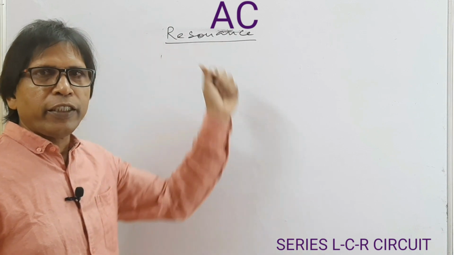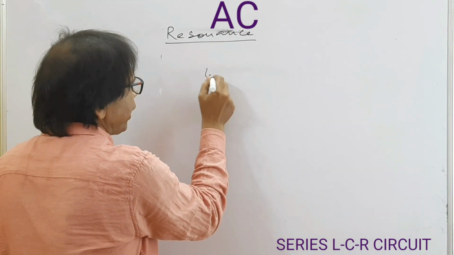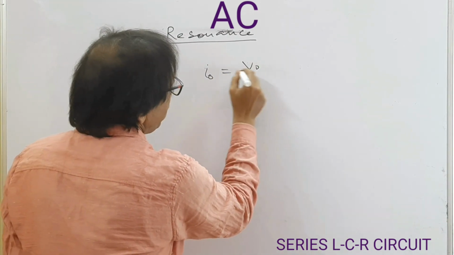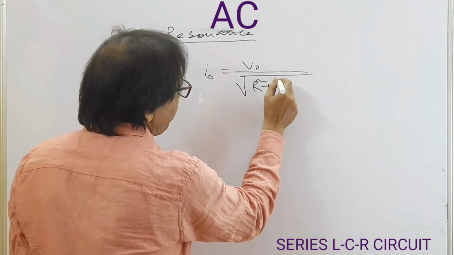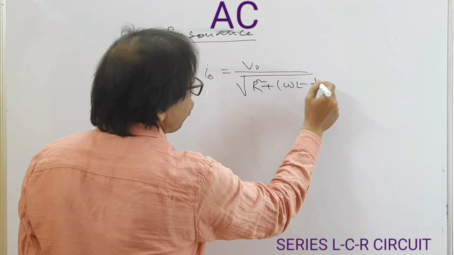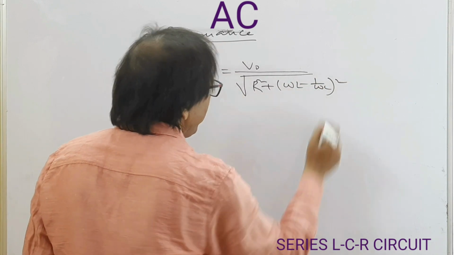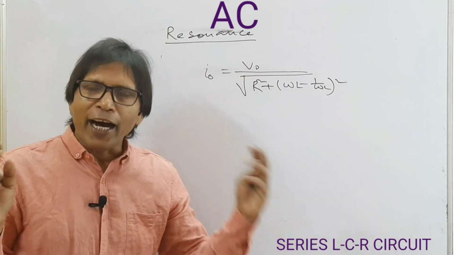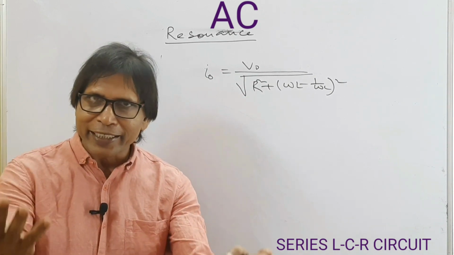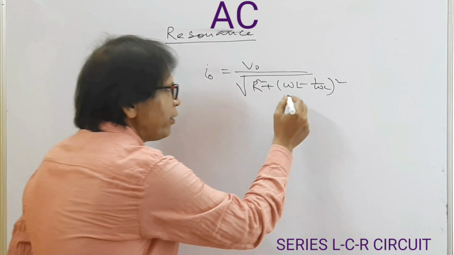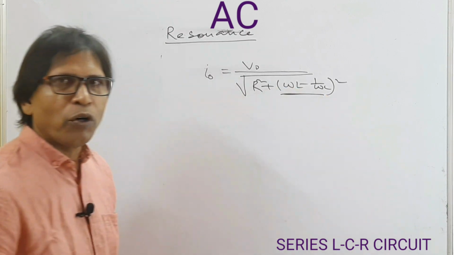Now resonance. In a series LCR circuit, I naught equals V naught divided by root under of R square plus omega L minus 1 by omega C whole square. Now look at this, the current in the LCR series circuit becomes maximum when this term becomes 0.